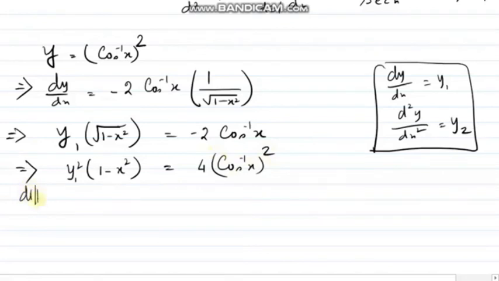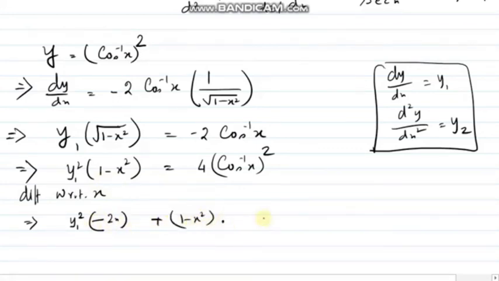Again, if I differentiate with respect to x, just check what I will get. y1 square into what will be d/dx of 1 minus x square, minus 2x, right? Plus 1 minus x square, what will be d/dx of y1 square?